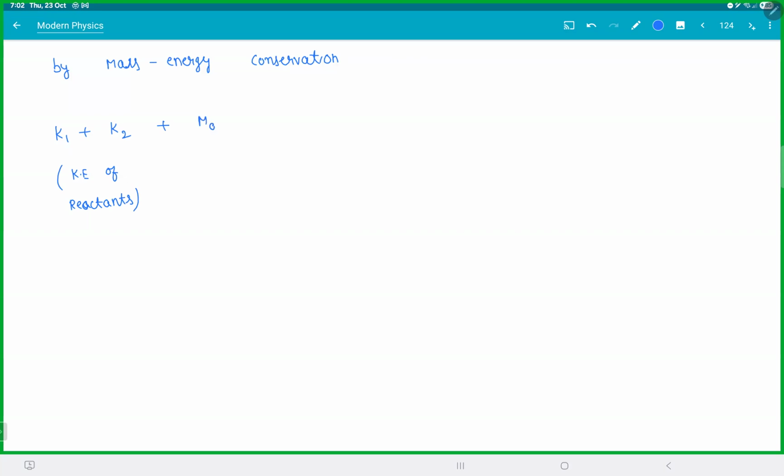Plus mass of the bombarding particle into C square. So you convert all the masses into pure energy. Mx C square. This should be equal to the kinetic energy of the products, which is K3 plus K4, plus mass of the Y, the daughter nucleus, into C square, mass of B into C square.